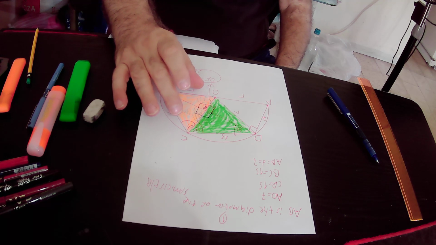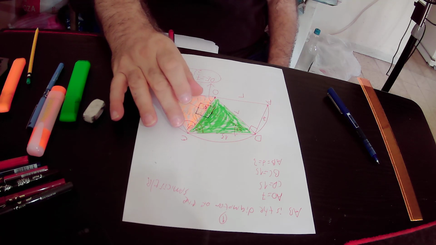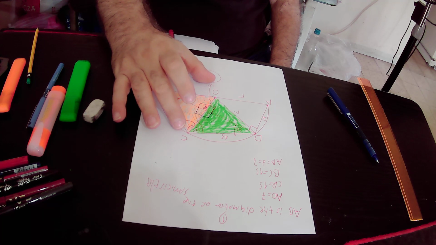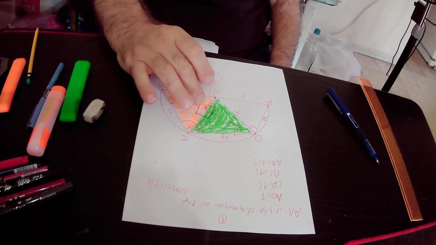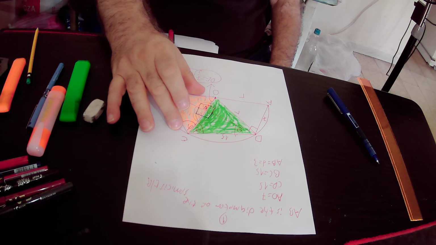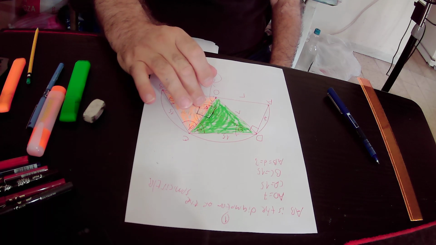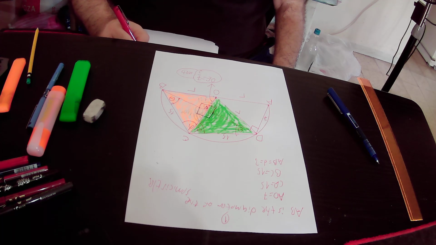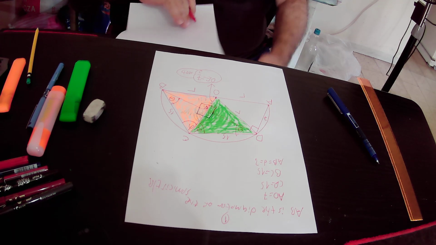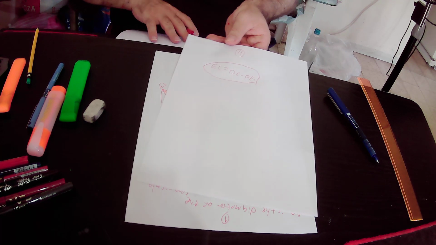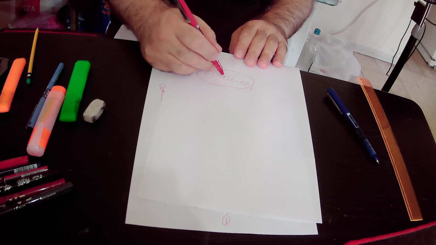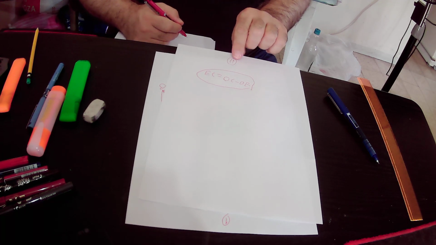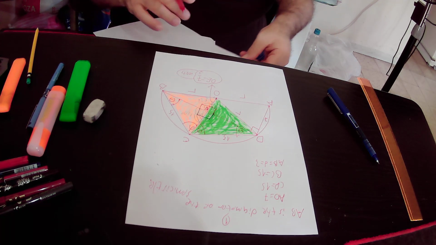From the drawing we can see that EC equals OC minus OE. But what is the value of OC?